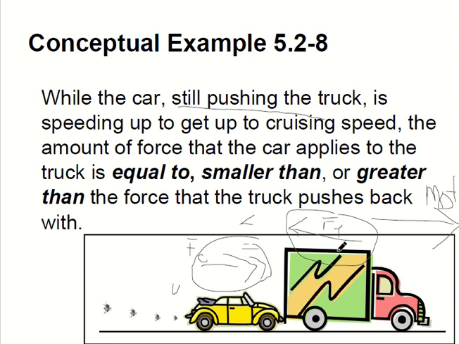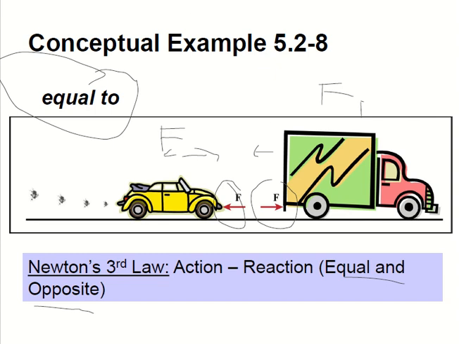It isn't true. They are equal. The action and reaction forces are equal to each other. It's a little bit hard to understand because you have a tendency to think the resultant motion is going in that direction, so therefore FC has got to be greater than FT.